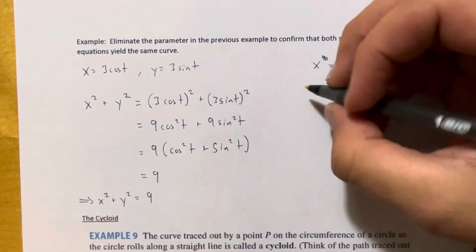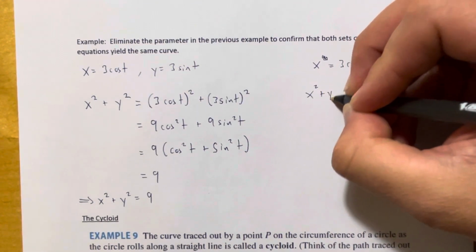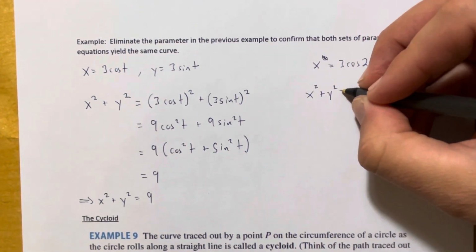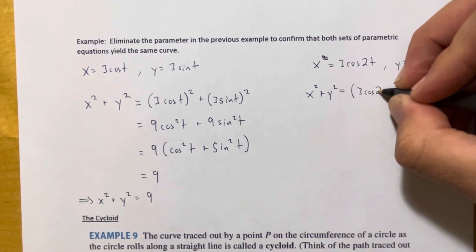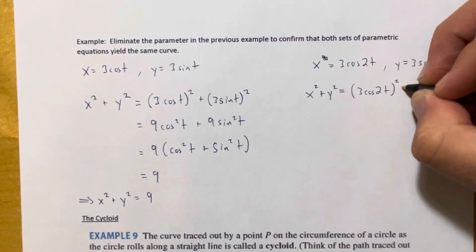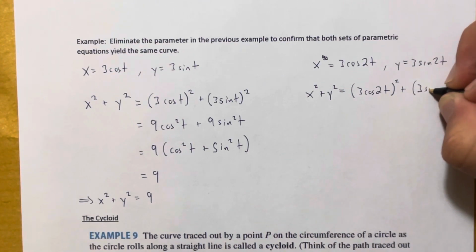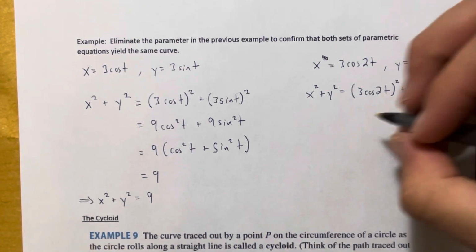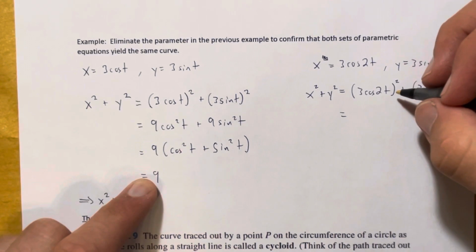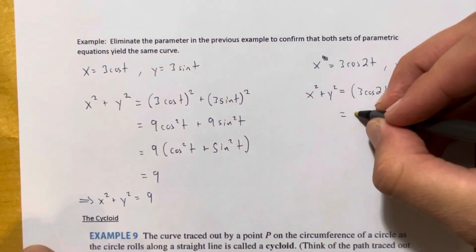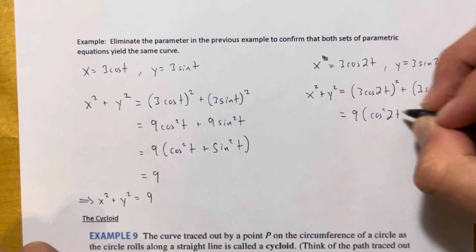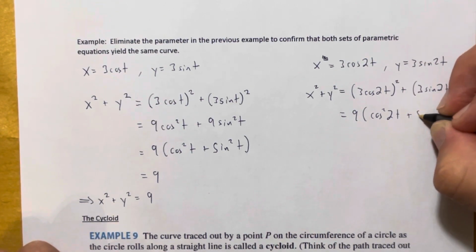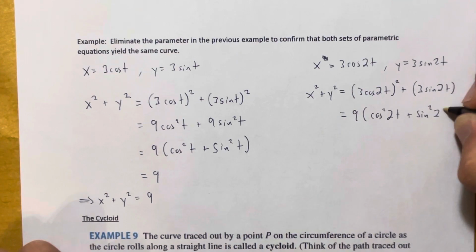I would do the same thing, x squared plus y squared equals what? 3 cosine of 2t squared plus 3 sine of 2t squared. And you're going to notice you're going to follow similar steps. Eventually we'll get down to something that looks like this. 9 times cosine squared of 2t plus sine squared of 2t.